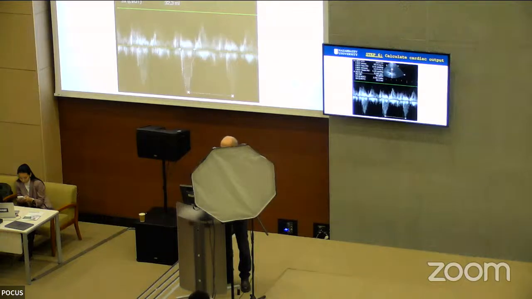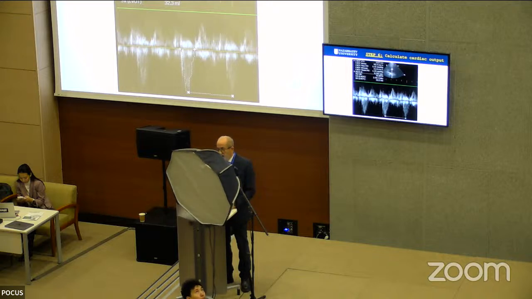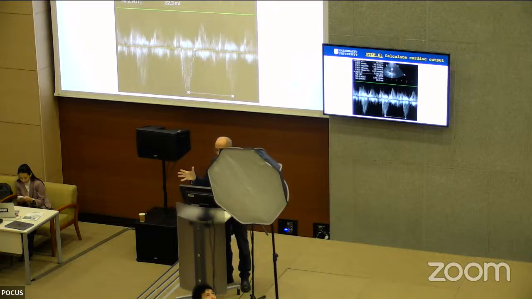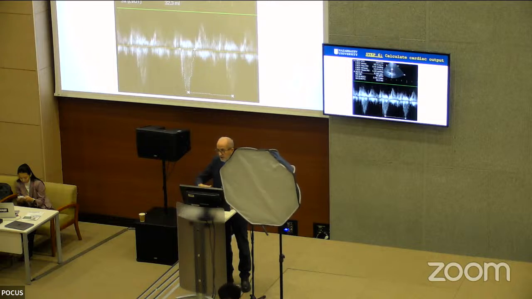So the challenge of this method basically is the LVOT dimension that can be different from measurements to measurements, but in the same patient, LVOT diameter will be the same, right? Doesn't matter if it is today or next week. If I have 2 centimeters, I will have 2 centimeters, right? So for the follow-up of patients, for example, in the ICU, you don't need to measure every time the LVOT dimension.